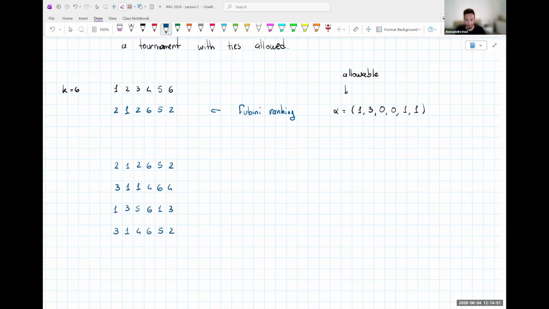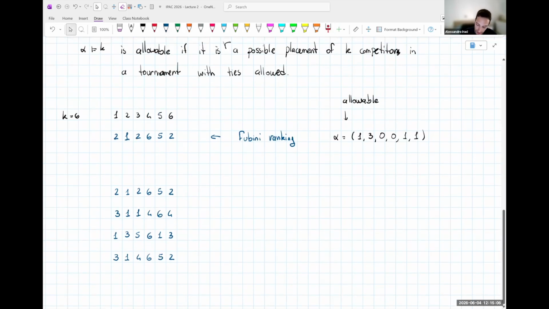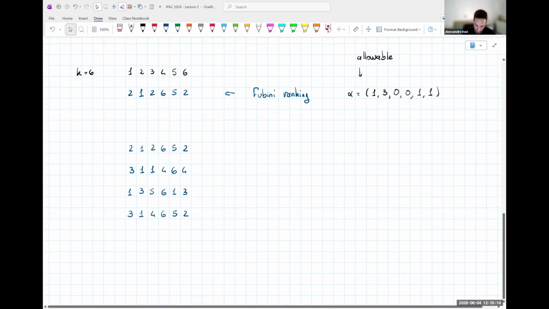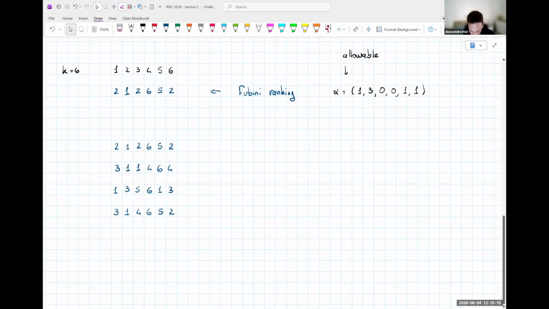Why do we care about these things? Because on these things, there is a nice sign reversing involution that preserves tied inversions. What do I mean? So the sign, we said, is the number of places that are skipped. So it's k minus the number of different rankings you see, and then minus 1 to that, the parity of this thing.